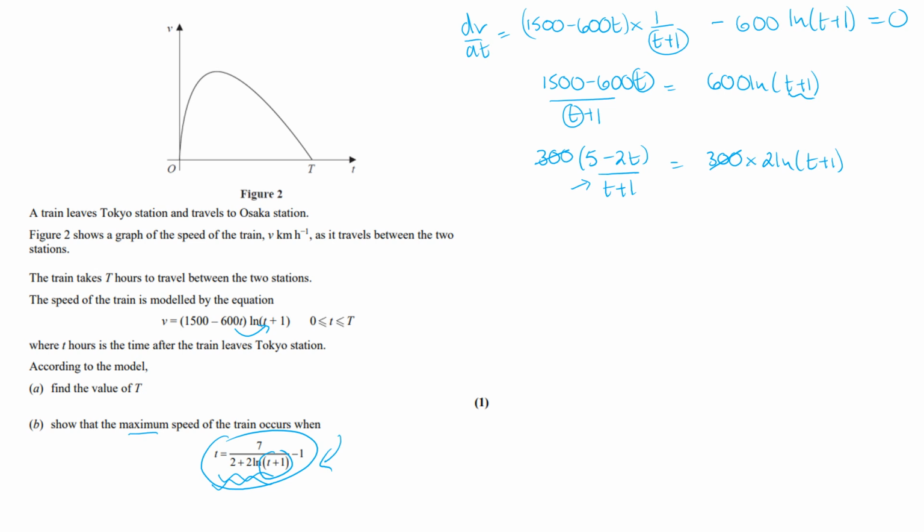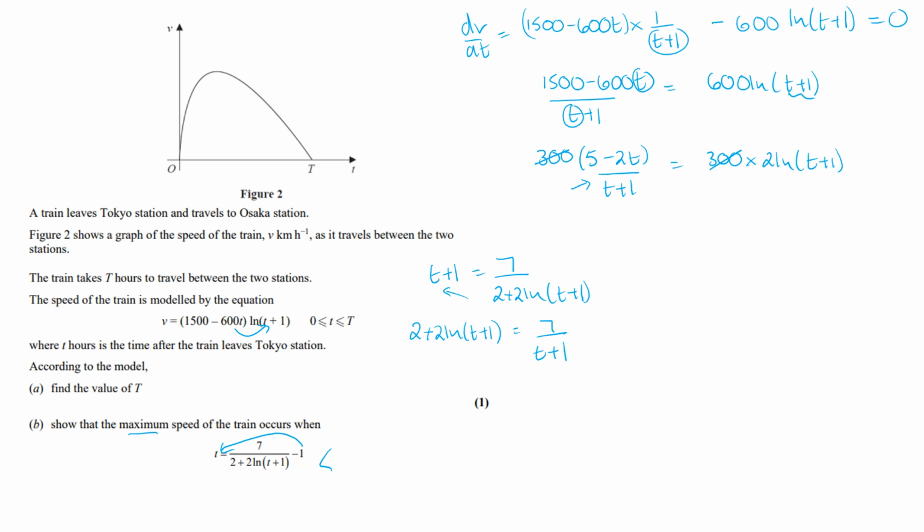So I might take this minus 1 to the other side. So this is going to be t plus 1 is equal to 7 over 2 plus 2, the ln of t plus 1. Cross multiply, 2 plus 2, the ln of t plus 1 is equal to 7 over t plus 1.